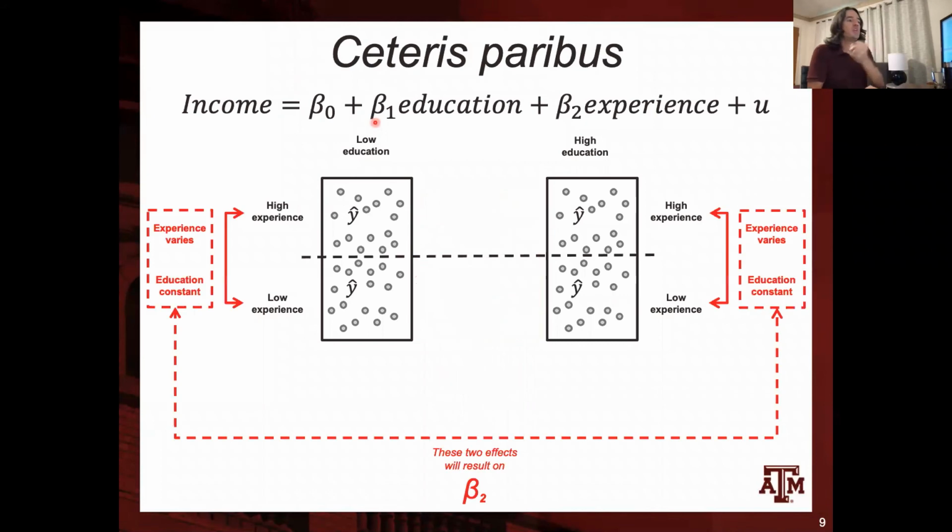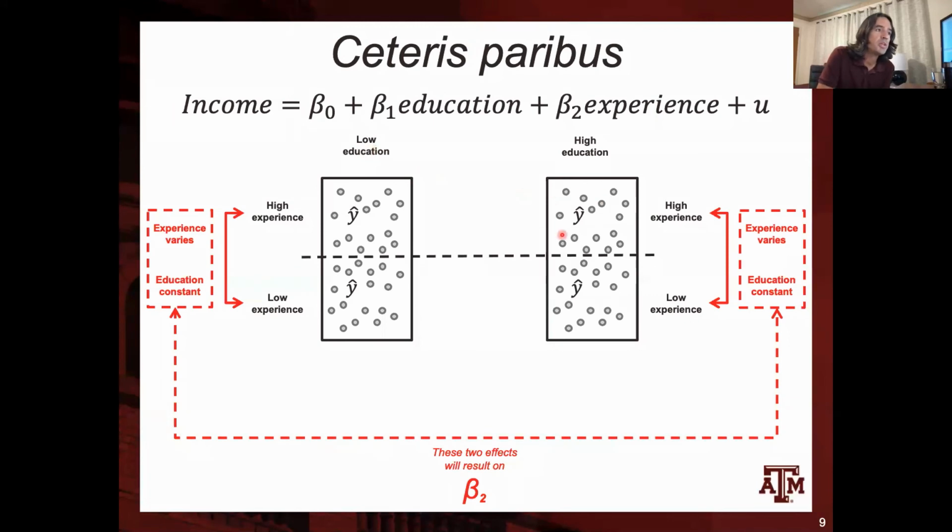And you do the same thing for experience. If I want to see the effect of experience, beta 2, on income, I have to compare this subgroup here that has high experience with this one here that has low. So experience is varying from high to low, but education is constant, low education.